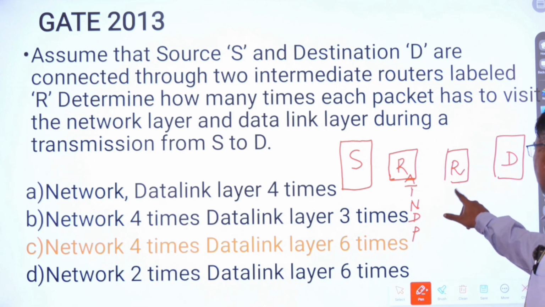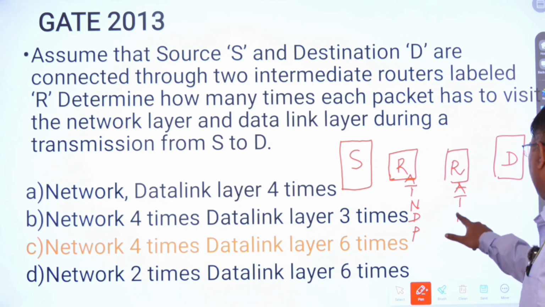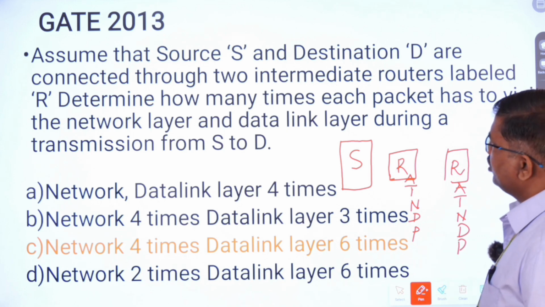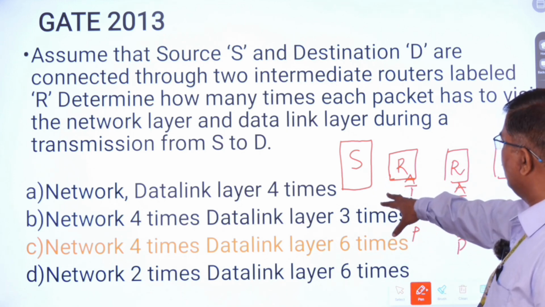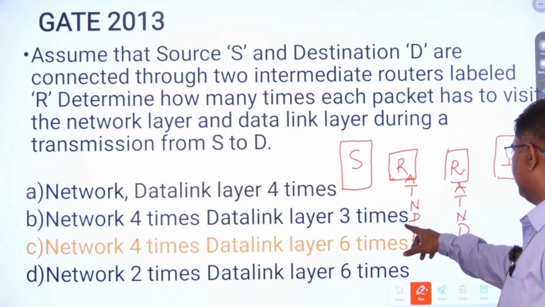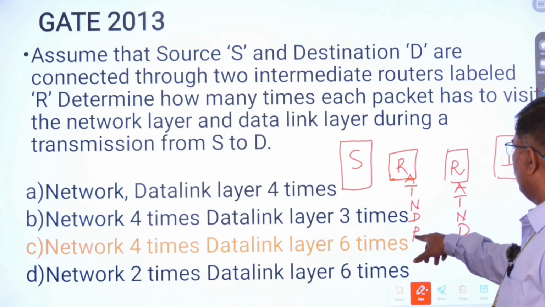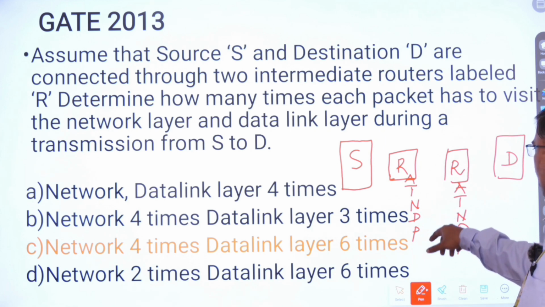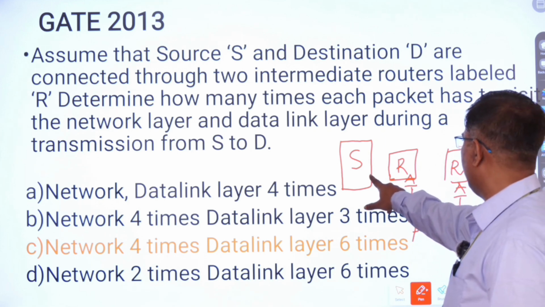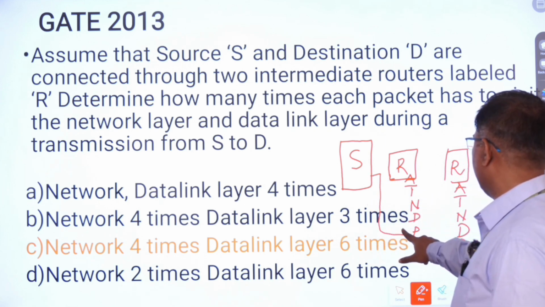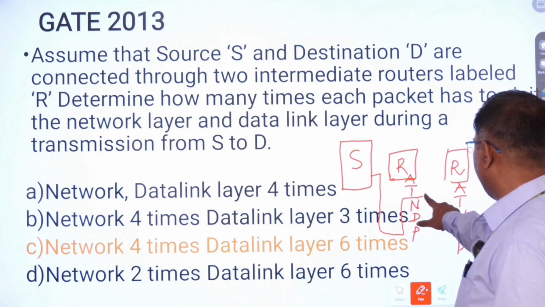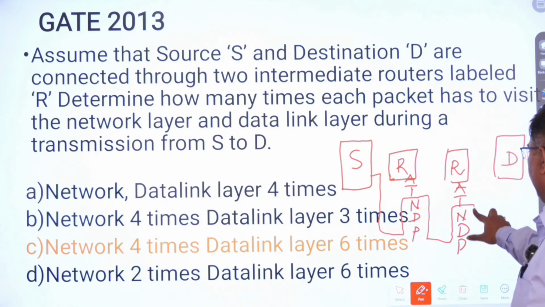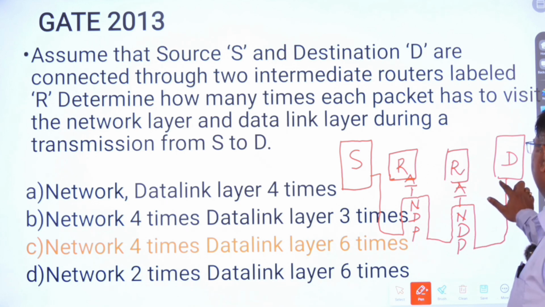To transmit the data from source to destination, these three layers are taken into account. First the source information will reach the physical layer, then data link layer, network layer, and then again move on to the physical layer, data link layer, network layer, and then reach the destination.